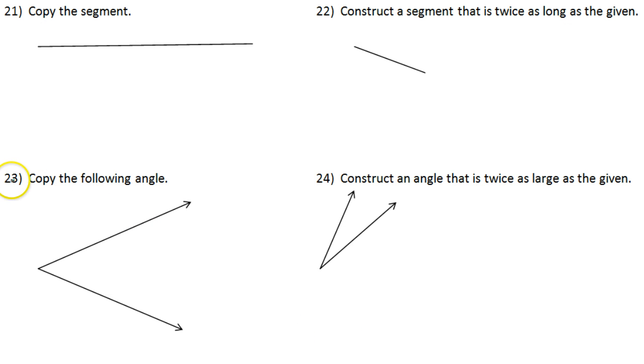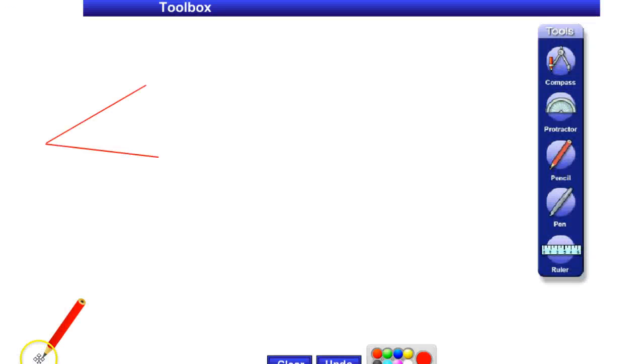Alright, for number 23, let's go ahead and learn how to copy the angle. Alright, let's say this is the angle that I want to copy. The first thing I do is I take my straight edge and I draw a segment.